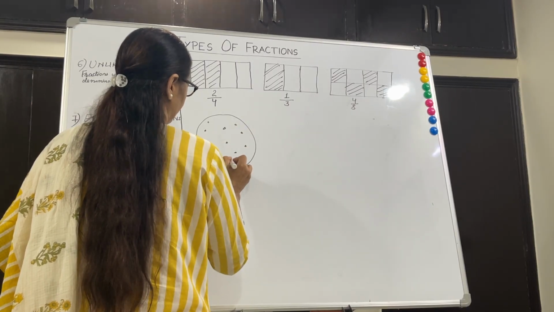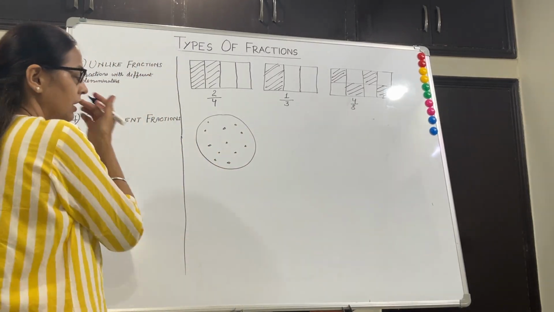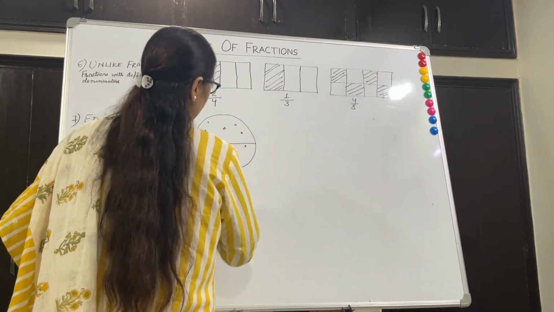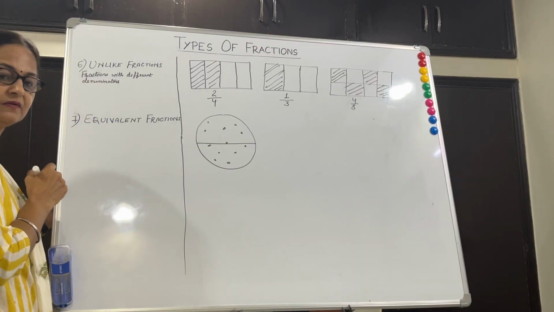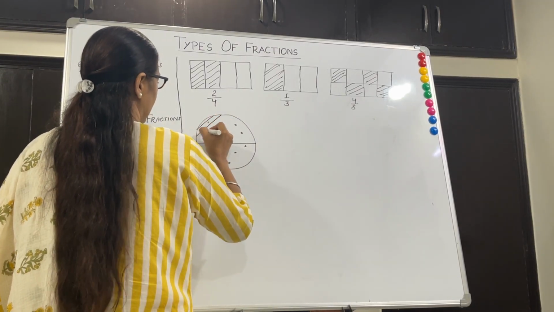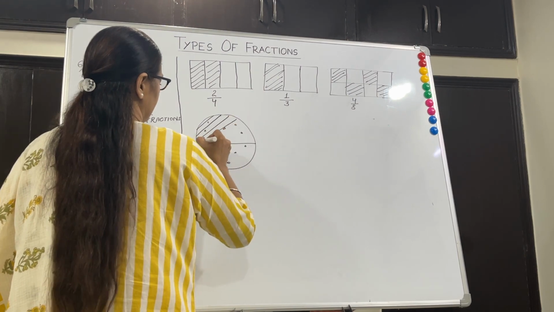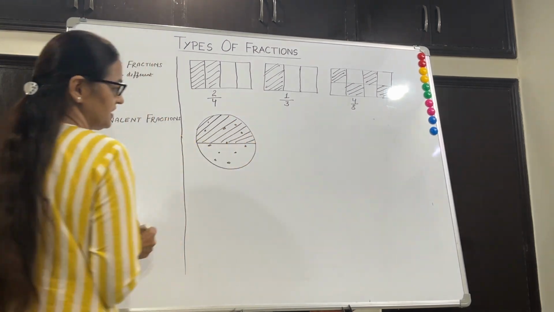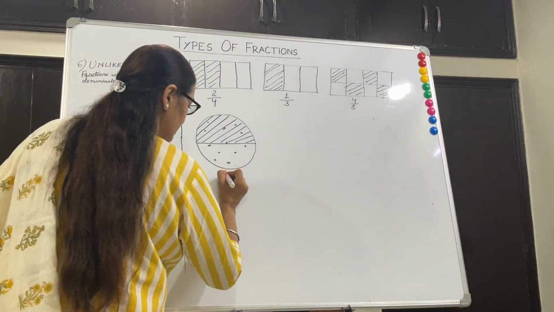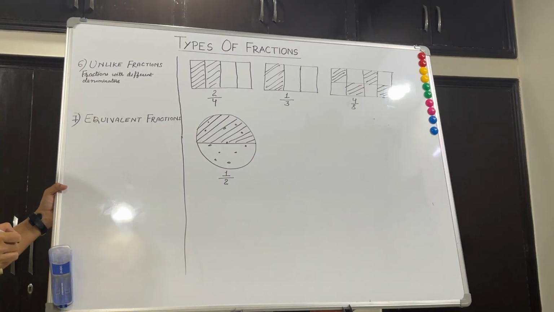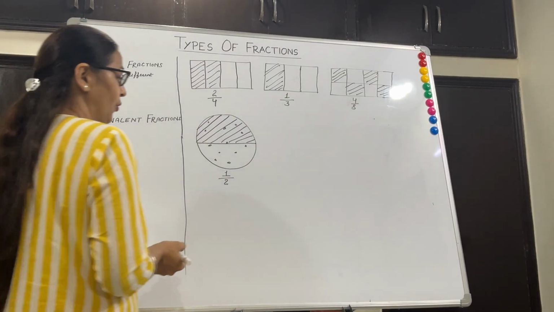Now your mama divides it into 2 equal parts and gives you such a big portion of pizza, that is 1 out of 2 equal parts, means you are eating half a pizza at one go.